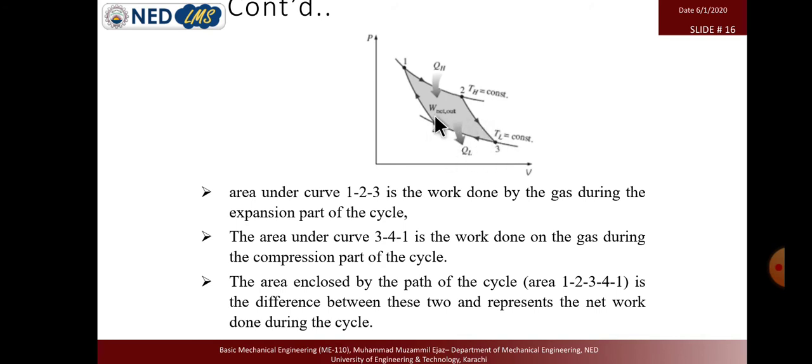Like I told, any low temperature thing, like a river, a sea, or anything which has a lower temperature than the gas inside the cylinder, so the gas will compress from 3 to 4, and again by putting the insulator, the gas will compress from 4 to 1, and the process will go on and on.